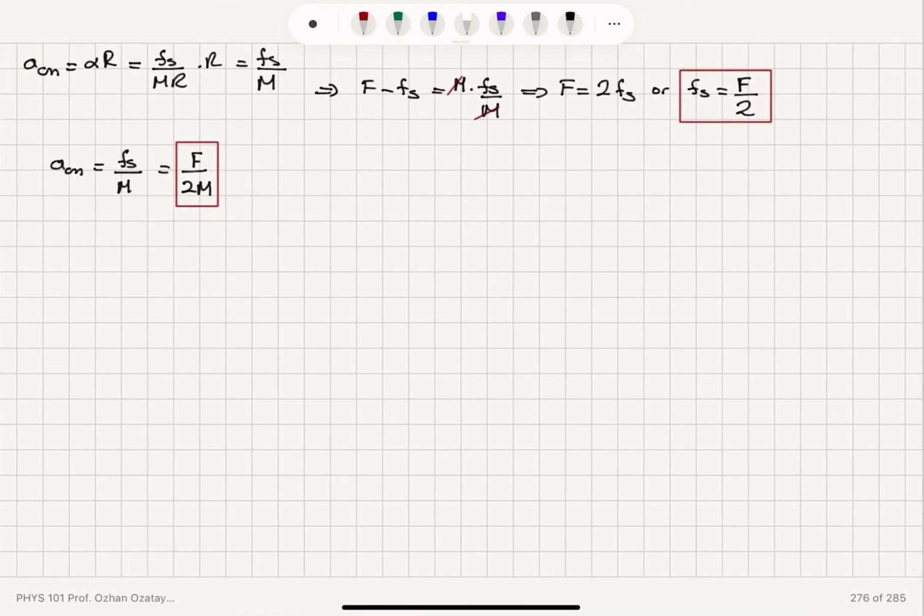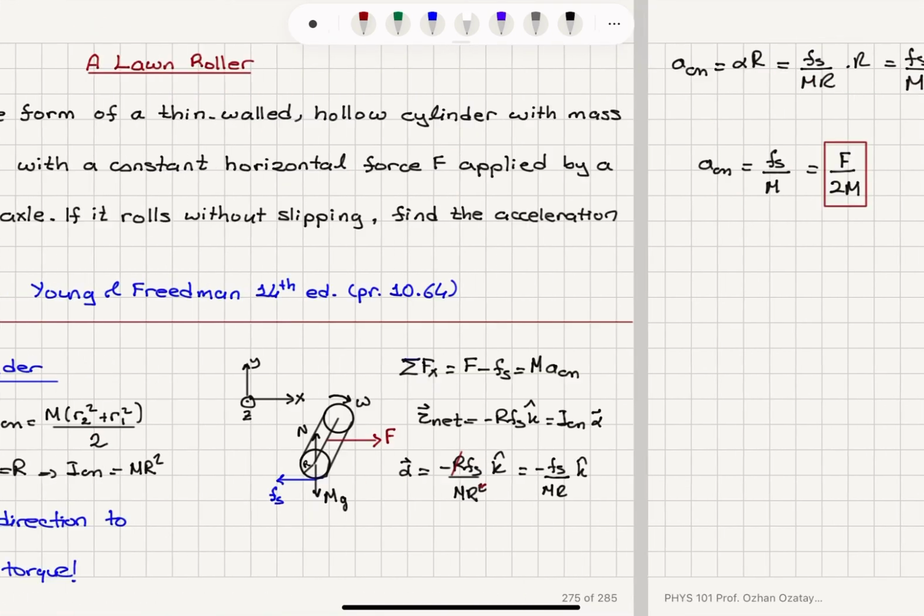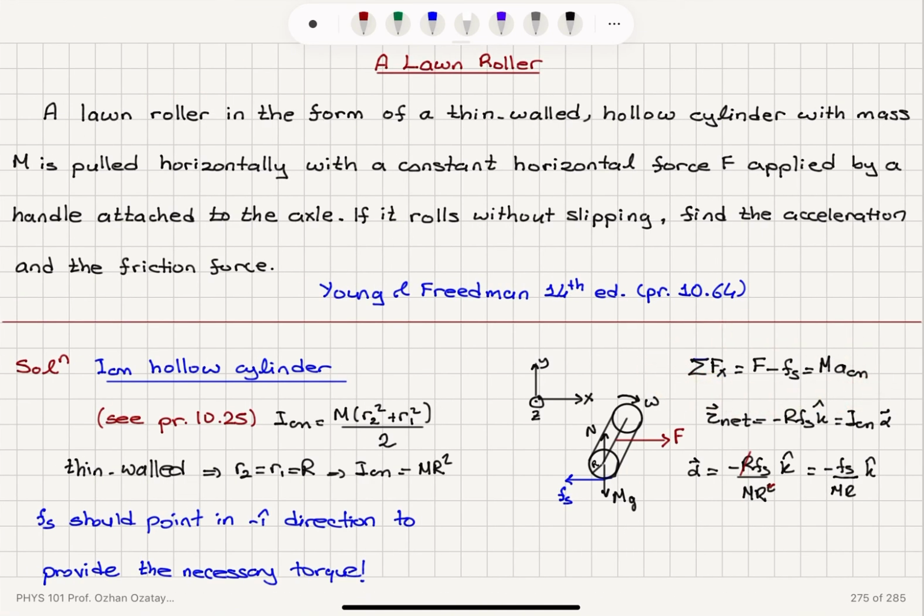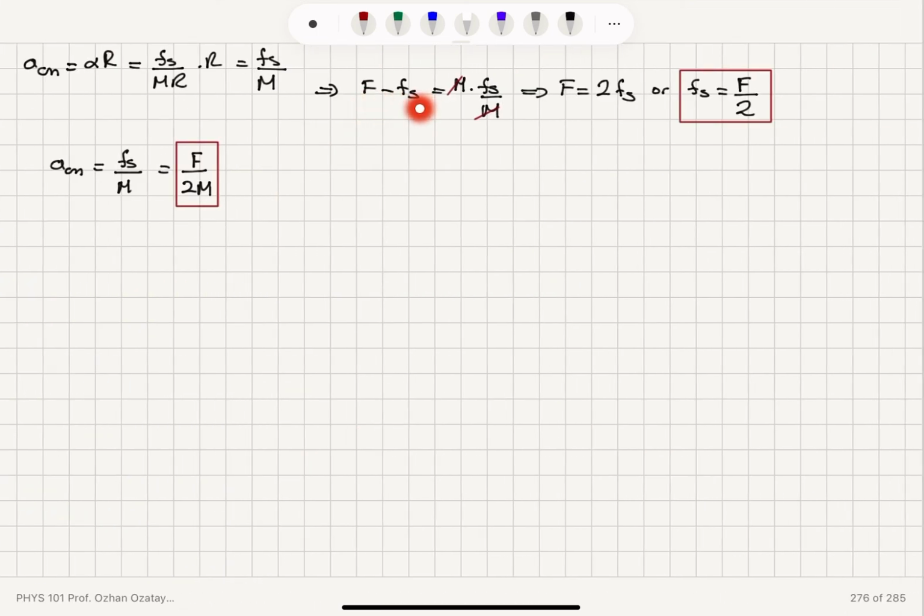And center of mass acceleration is alpha times R, it's Fs over M. So going back to this equation for the x component of the forces, F minus Fs is equal to mass times center of mass acceleration, Fs over M. So we find that Fs is F over 2, and center of mass acceleration, which is Fs over M, is F divided by 2M.